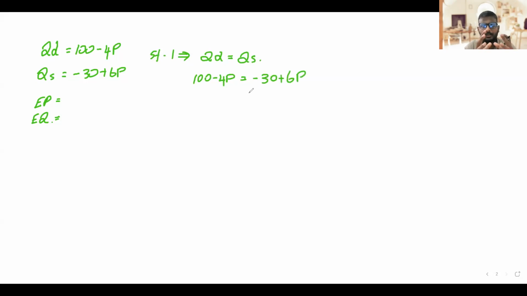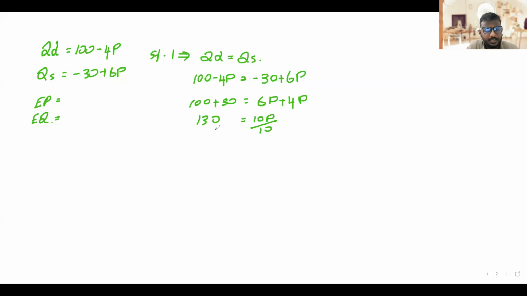And then you bring the p's to one side and the normal numbers to one side. So you have 100 and you have minus 30. So we'll bring the minus 30 to the other side of the equation and the minus 4p to the other side. So minus 30, when it comes to the other side, it will be 100 plus 30 equals 6p plus 4p. 130 equals 10p.